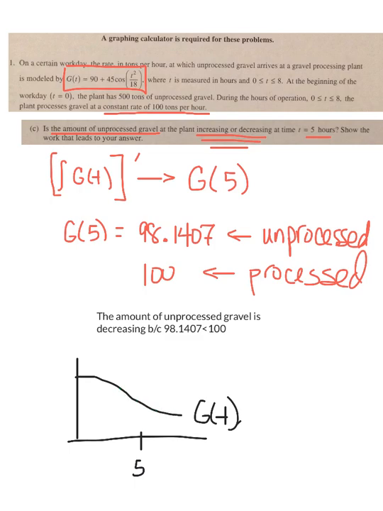And if you get this value right here at time 5, you could do second calc and go to value and plug in 5, you'll get 98.1407. So you could say it's decreasing because the graph of g of t is going down at time 5. That's another option.